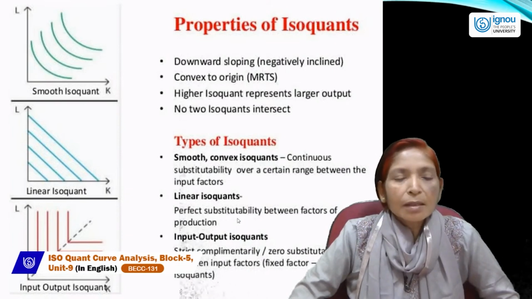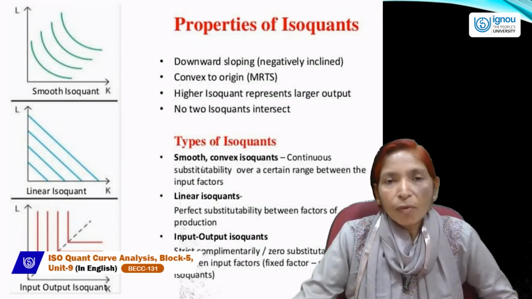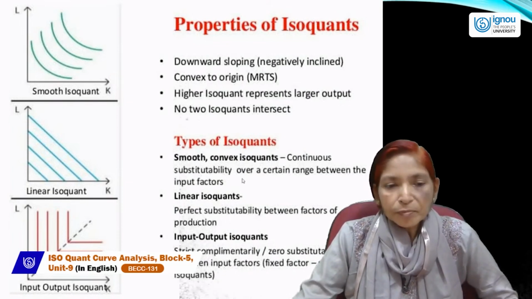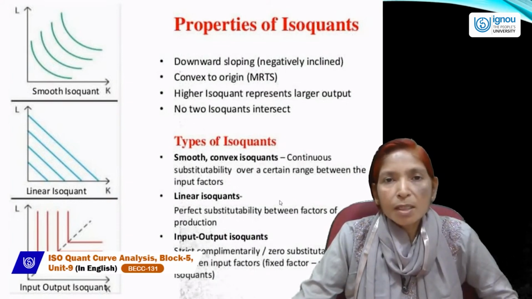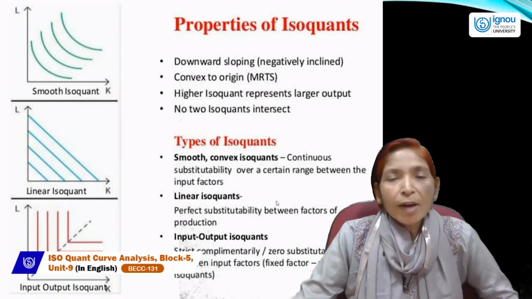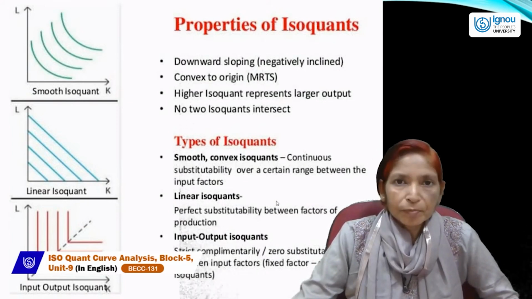In that case, this curve slope will be downward and it will touch the x-axis and y-axis. It will be a straight line curve. So linear isoquant we can draw only in that case when factors of production are perfectly substitutable.